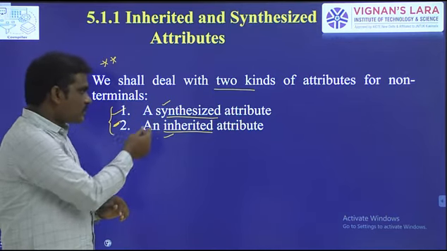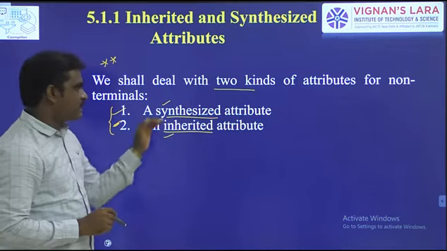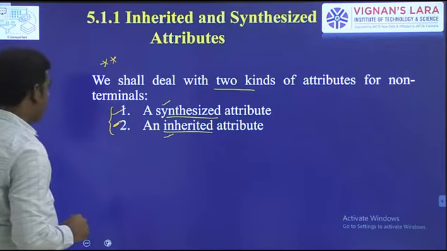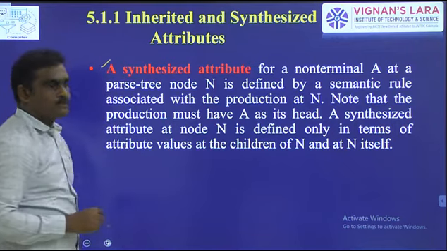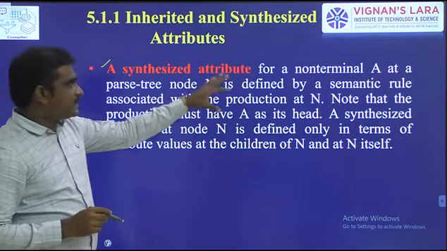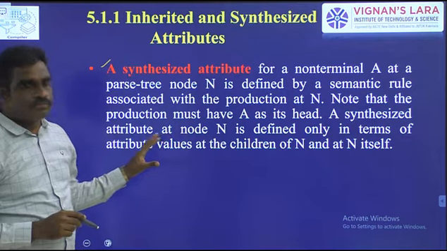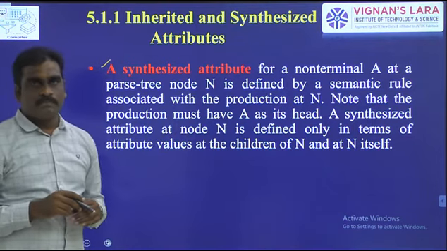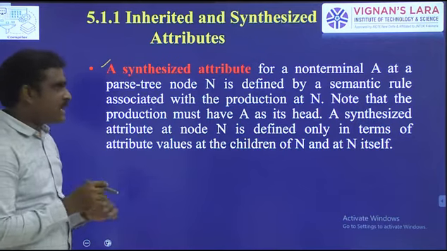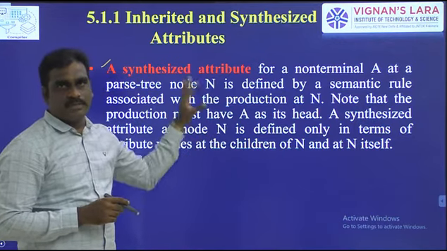Now we will see them one by one. What is the first attribute? The synthesized attribute. This is the definition of the synthesized attribute. First I will explain with one example, and then come back and discuss this definition.